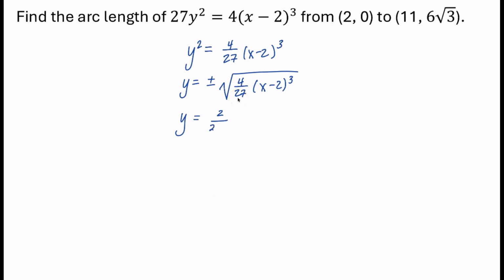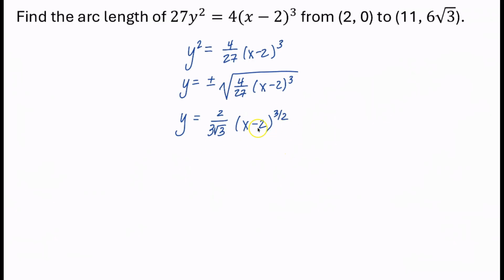So we're going to have 3√3 on the bottom. And then we're going to have x minus 2 to the 3 over 2. So I'm changing the square root into that 1/2 exponent and then applying it to the cube power, so it becomes 3 over 2. So here is my y equals f of x function now.